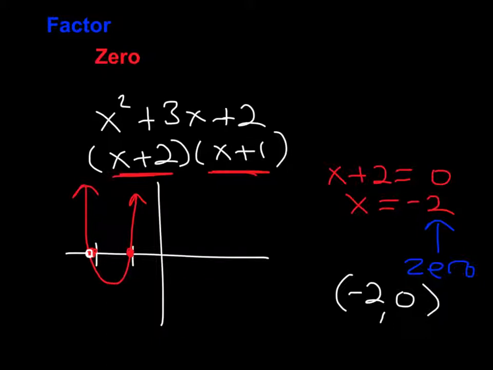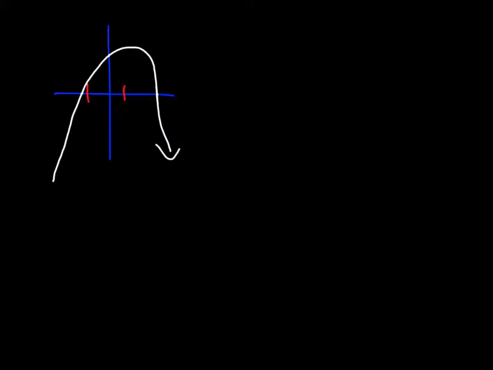Okay, so just make sure you really understand that distinction. So if I gave you a bunch of graphs and I asked you to find the zeros and the turning points, I could have a graph that maybe looked like this. We'll just make it a simple one for now. So if I asked you what my zeros were, your zeros would be negative 1 and positive 2. These are your zeros, right?